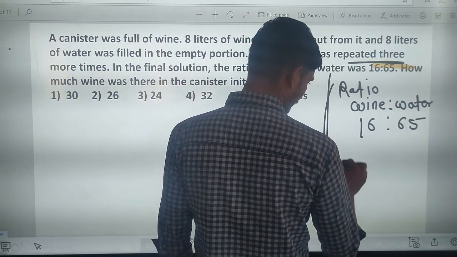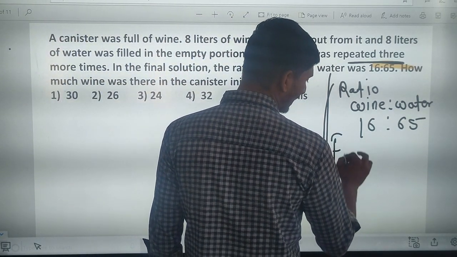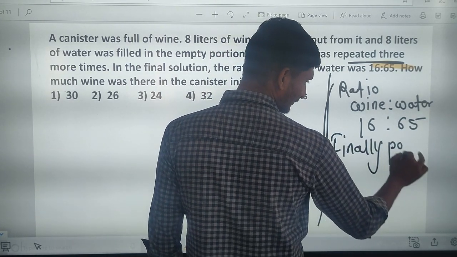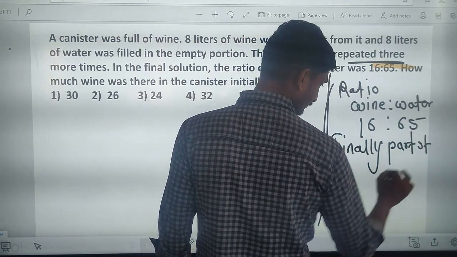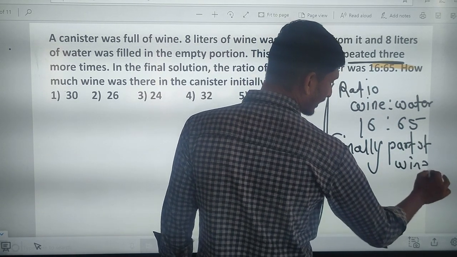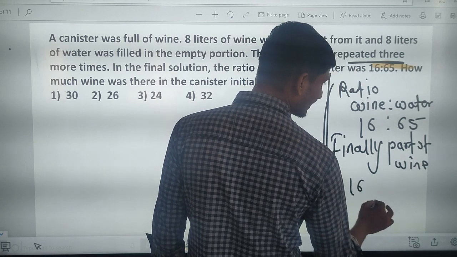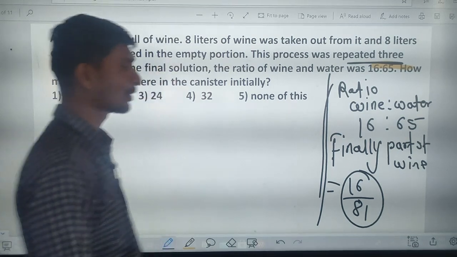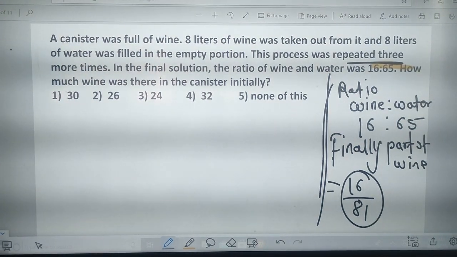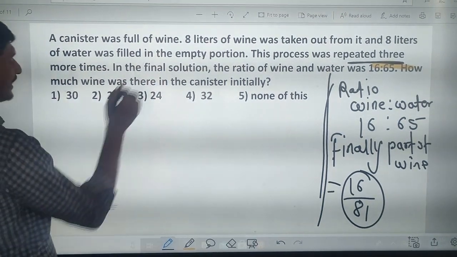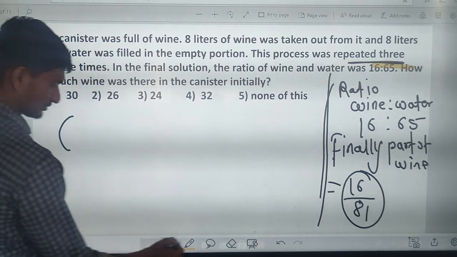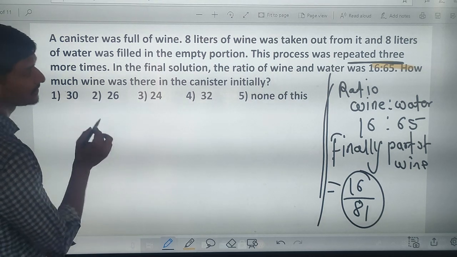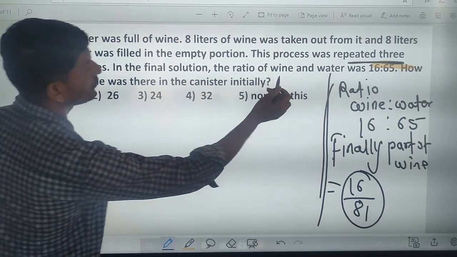Then the finally part of wine is equal to 16 divided by the addition of these two, 81. Finally the part of wine is 16 divided by 81. Here we write the initial quantity of wine.